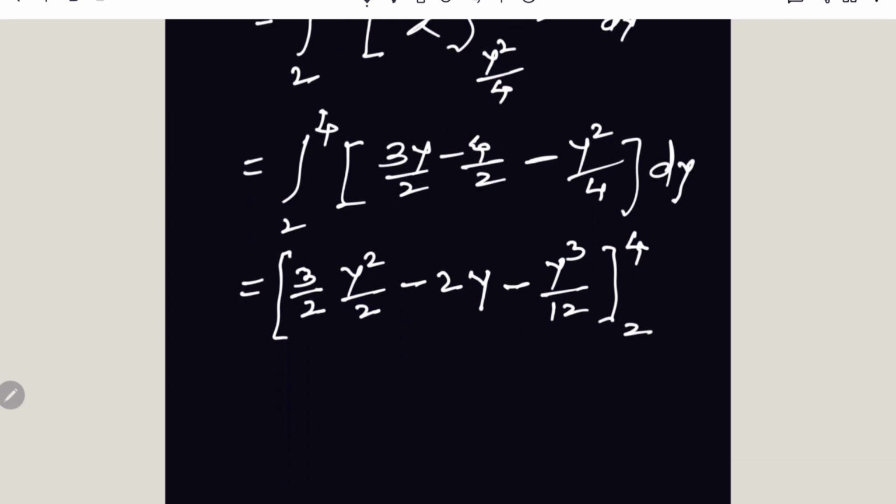Either we can substitute the upper limit first and then minus lower limit, or we can go term wise, upper minus lower for first, upper minus lower for second, and upper minus lower for the third term. Here I am doing it term wise.